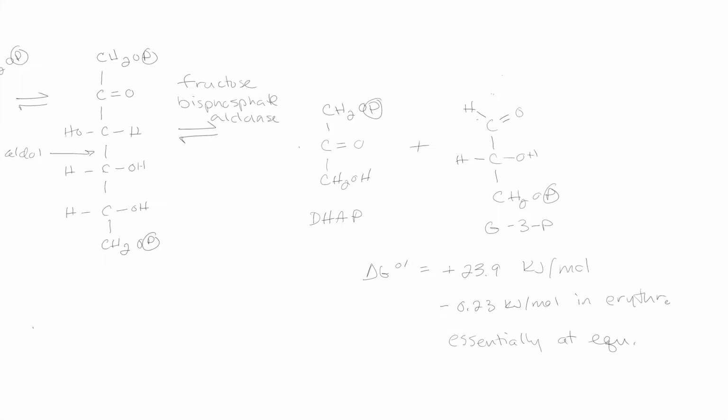And having reactions which are at equilibrium isn't a problem, because we didn't have to invest energy for this equilibrium to take place. So what we can do biologically is link equilibrium reactions together, and then if we have one reaction which is highly favorable, either by nature of the chemical reaction taking place or by an investment of coupling to something else, this highly favorable reaction will drag all of those equilibrium processes forward through Le Chatelier's principle.